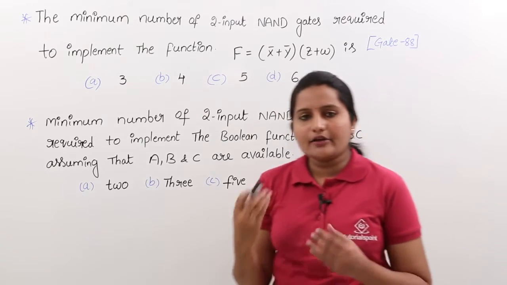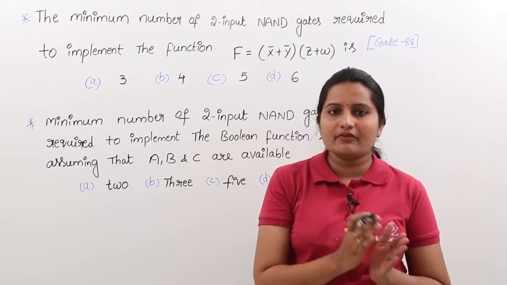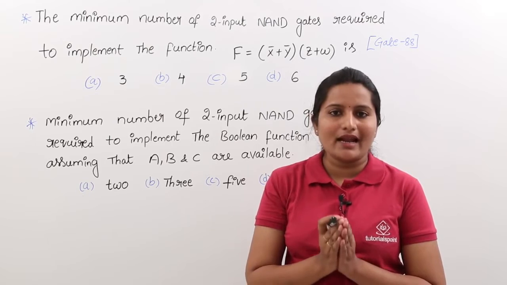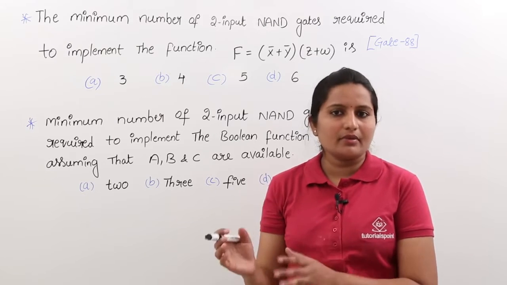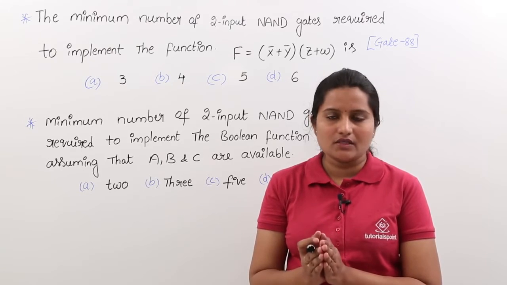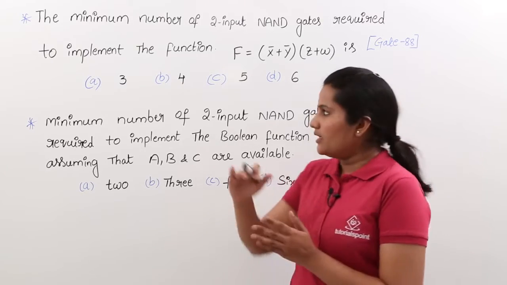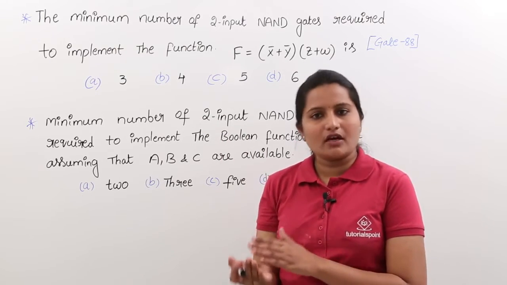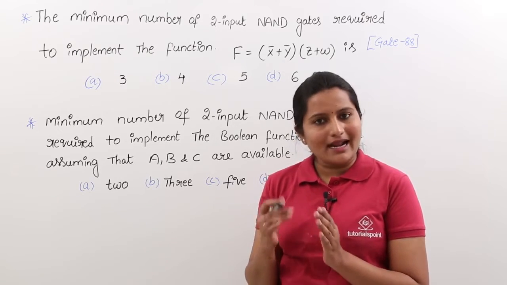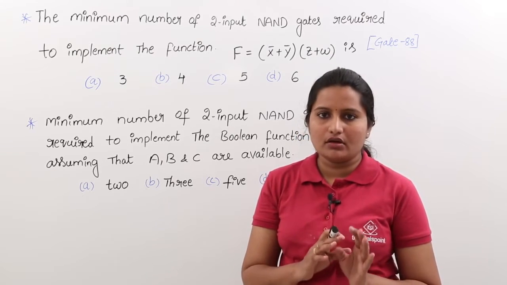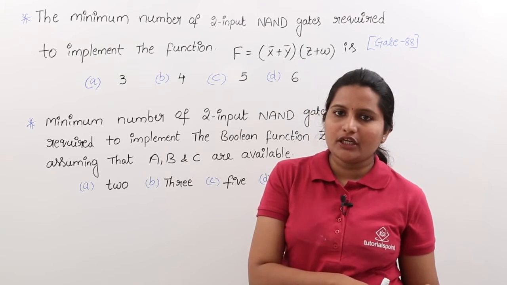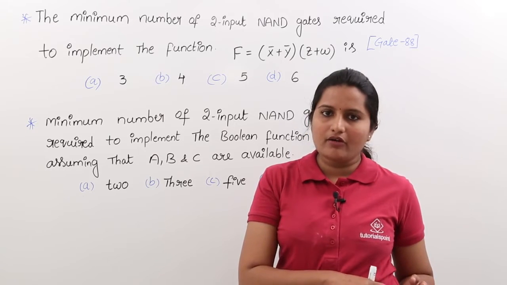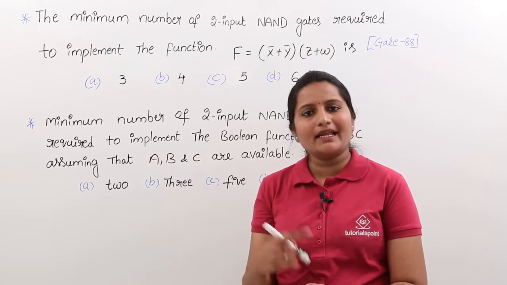As I told you in the last class, a shortcut for the number of 2 input NAND gates required to implement an n input AND gate is 2 into (n minus 1). But if anyone gives you a function, you need to convert it into AND or NAND format, because you know two shortcuts: how many 2 input NAND gates are required to implement an n input AND gate and an n input NAND gate.